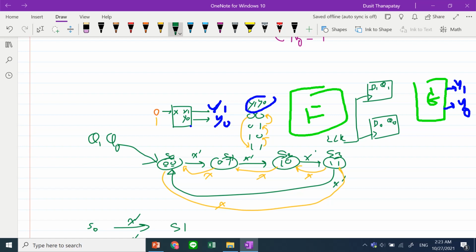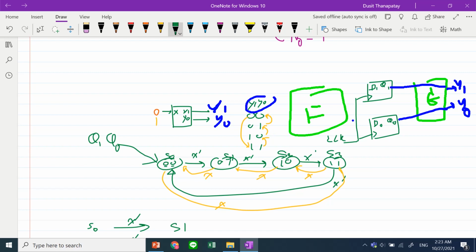If I assign state y1, and q1 is the same value, y0, q0 is the same value.